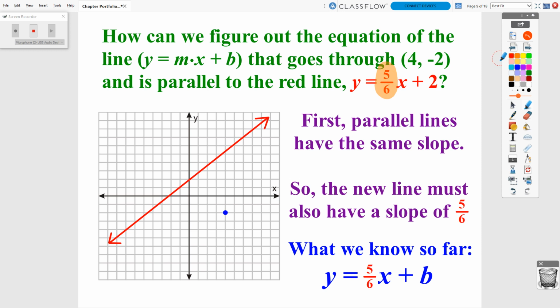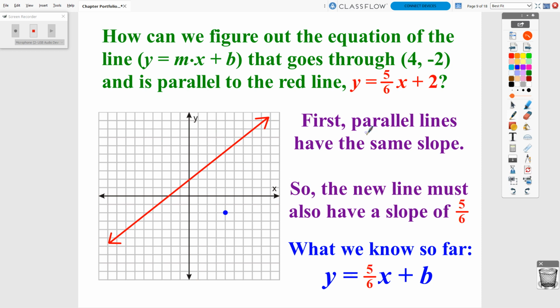And the y-intercept is at a plus 2, which means on the y-axis, our line crosses the y-axis at a positive 2 value. So right there. So from there, I could rise 5, 1, 2, 3, 4, 5, and run 6, 1, 2, 3, 4, 5, 6. And so then if I connected together those points and went forwards and backwards, there is the line, okay?